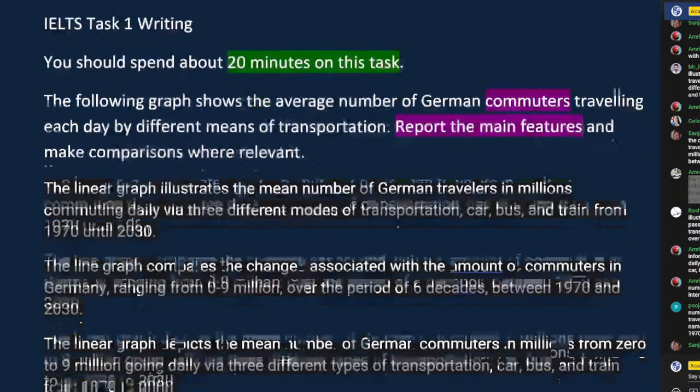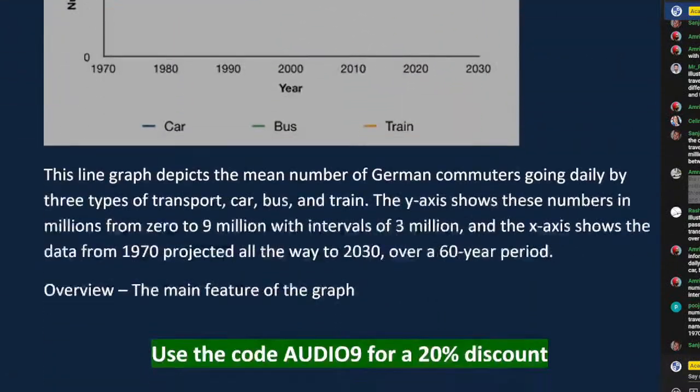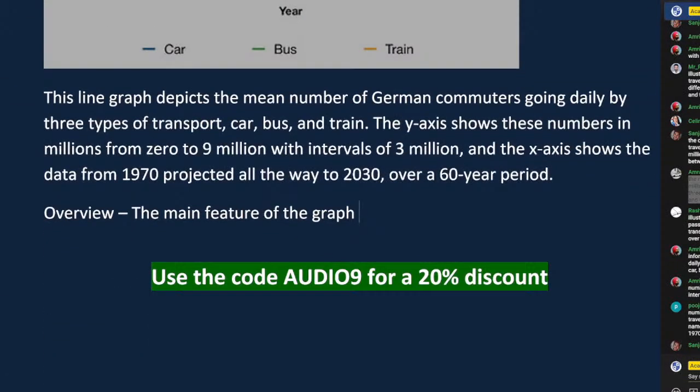And that's kind of what the overview is. So the overview is the main feature of the graph. And I just want to remind you students, it's not necessarily the most and least. A lot of candidates tend to really just focus on most and least. But it's not necessarily the most and the least, okay? So you have to try to go above and beyond that, okay?